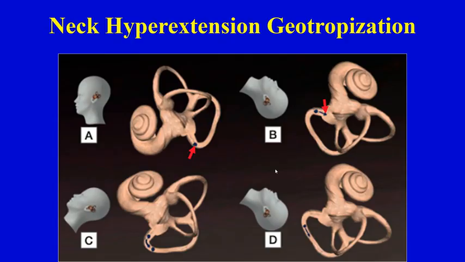As the head is anteflexed again, the debris moves ampullofugally, and then again in the Dix-Hallpike position it is moving ampullofugally and therefore resulting in the geotropization of the apogeotropic posterior semicircular canal BPPV. So this type 2 apogeotropic posterior semicircular canal BPPV is in fact periampullary, but with a different movement compared to the typical periampullary posterior semicircular canalolithiasis.